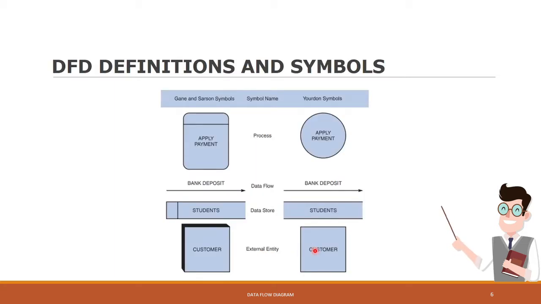Then let's move to the different symbols and definitions of a data flow diagram. We have 2 data flow diagram symbol sets, the Gane and Sarson and the Yourdon symbols. In this discussion, we will be using the Gane and Sarson symbols.